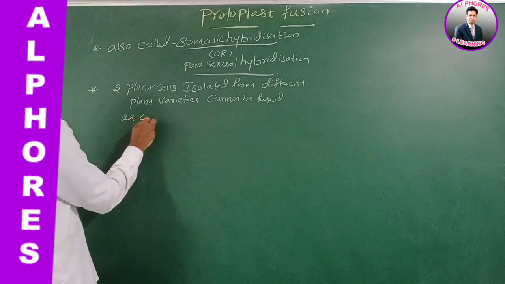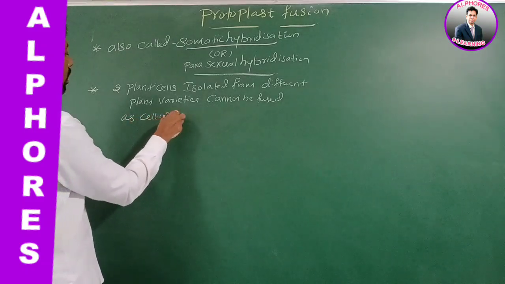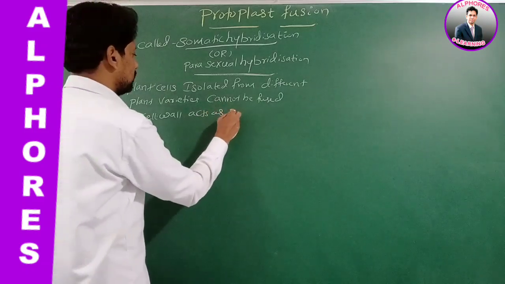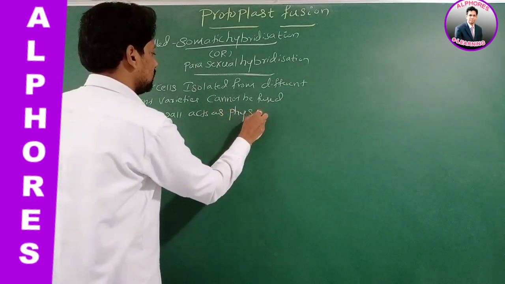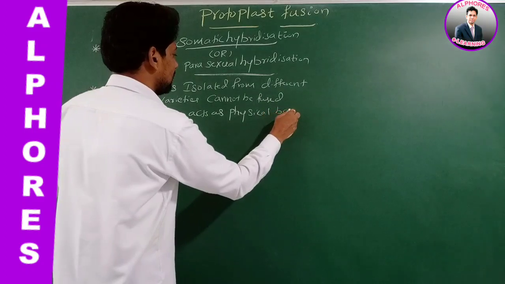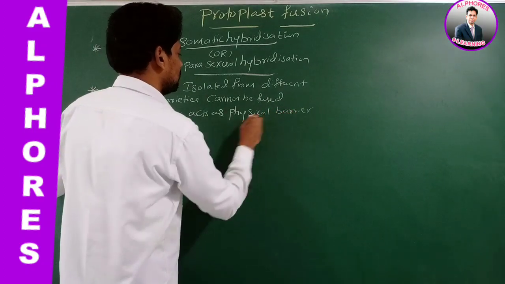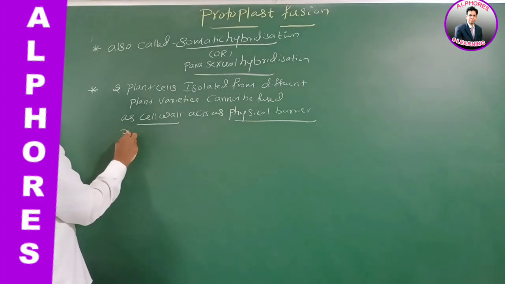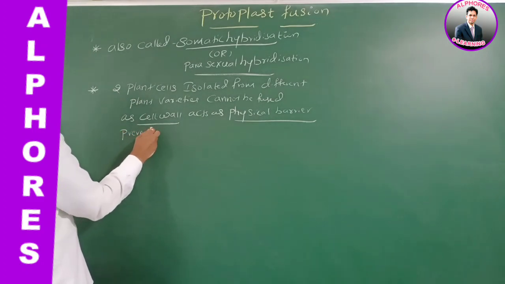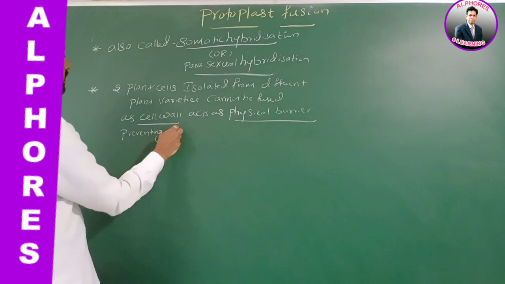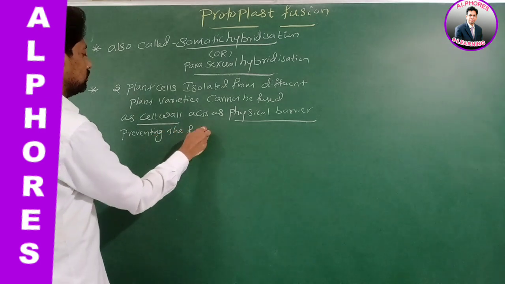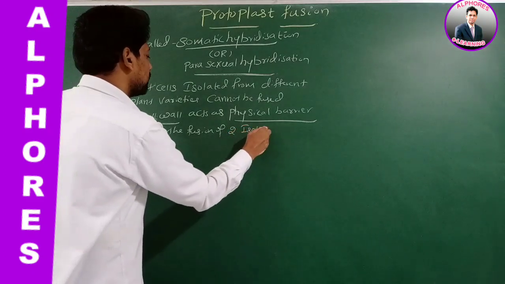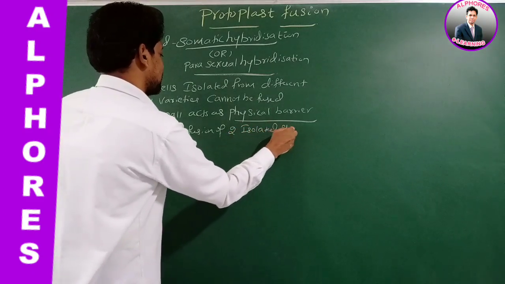Because the cell wall acts as a physical barrier, preventing the fusion of two isolated plant cells.